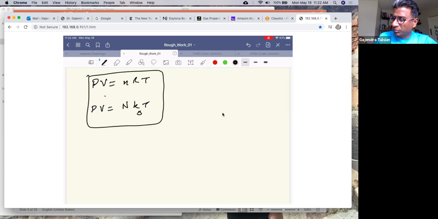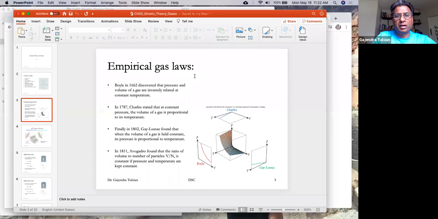You've seen this in chemistry classes. But this law was discovered in stages. And so here it is, Mr. Boyle. This law was discovered between 1660 and 1800, over a span of 140 years, in stages.